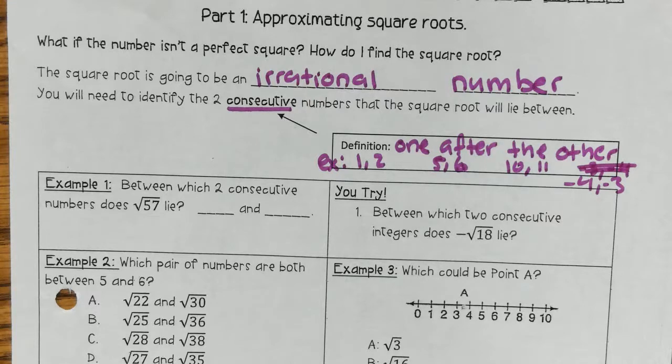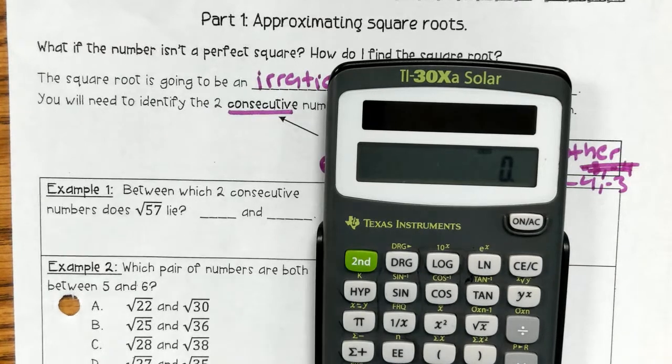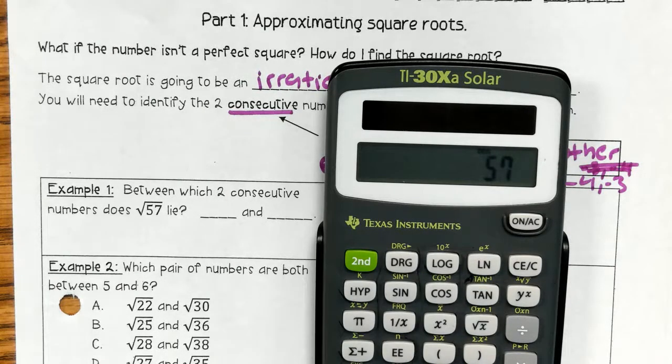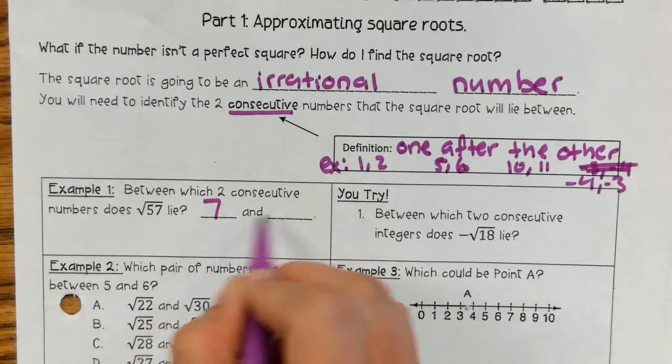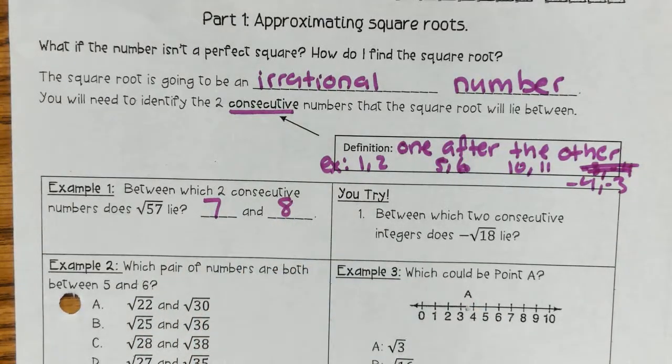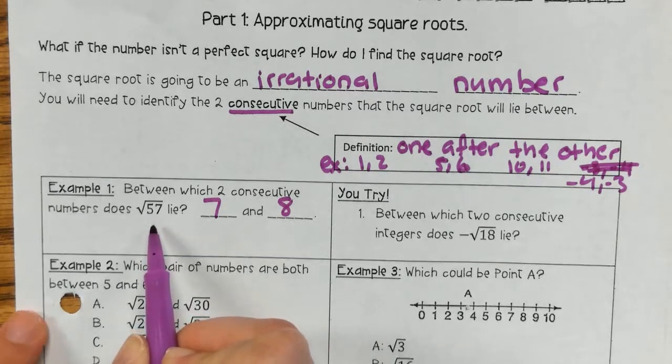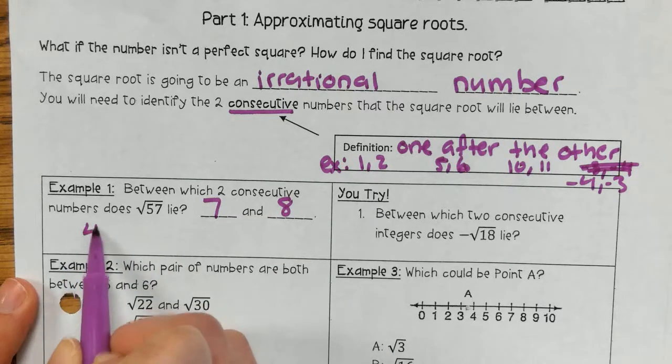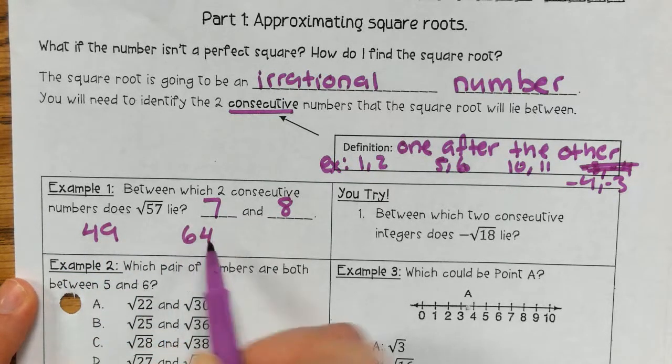Okay, example 1 says, between which two consecutive numbers does the square root of 57 lie? If you're using a calculator, you type in 57, then you hit the square root, and the square root of 57 is 7.5498, etc. What two integers does that fall between? Go ahead. 7 and 8. The other way of doing this is you have to know your perfect squares. So 57 is a little more than 49 and a little less than 64.